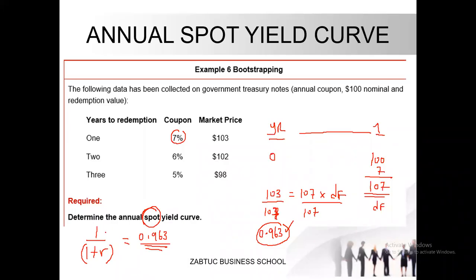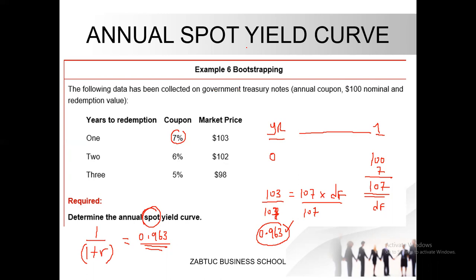Let's work out together. Do not panic. Let's find out what this interest rate is. Okay, fine. So what we're going to do now is make our life easy. We just invert this.